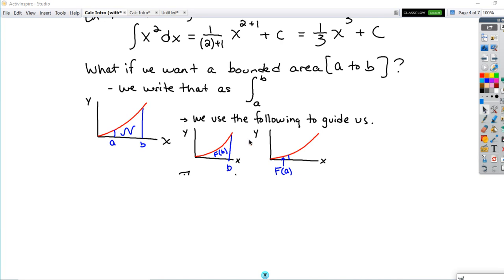If I plug in just the value b into my area formula, I'll get the area from 0 all the way up to this right bound of b. If I plug in a instead, I'll only get this much area. But to find the area in between, we just want to subtract the two areas. So you subtract this big area minus this small area, and it'll leave you with the area in between.